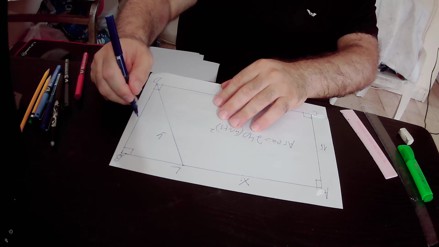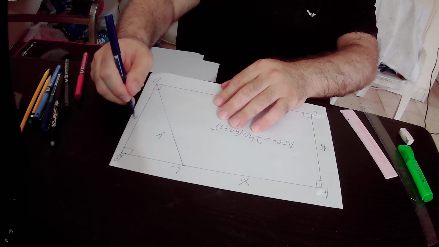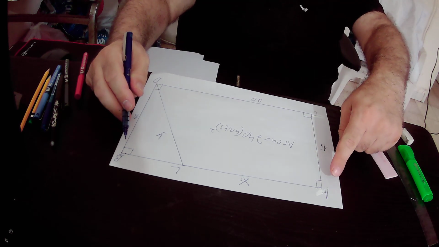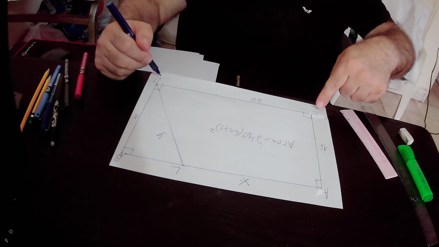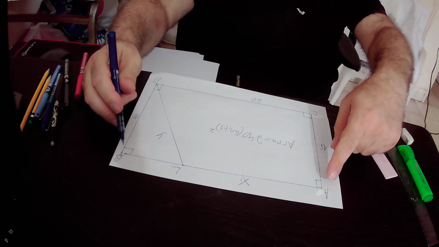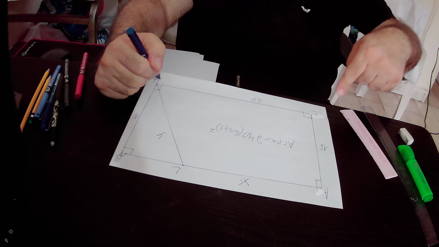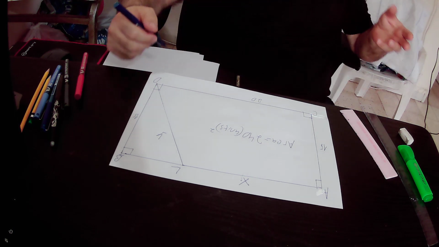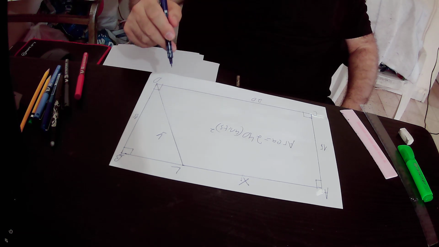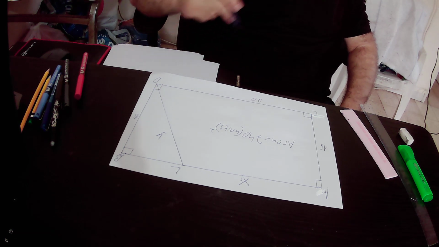This is 15 units, BD equals 15 units, and also AB equals CD equals 20 units, and also AB is parallel to CD. For that reason, the shape ABCD is a rectangle.